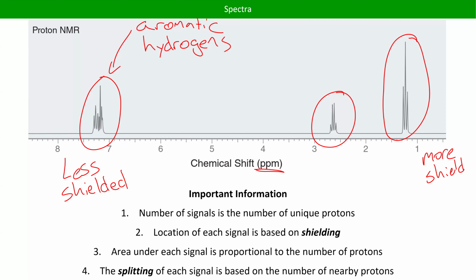All your alkenes or alkanes show up down below 4. Your aldehydes and carboxylic acids show up way past 10. The only thing that really shows up in that 7 region is aromatics. So just like with IR, there were a couple of key things to look at.